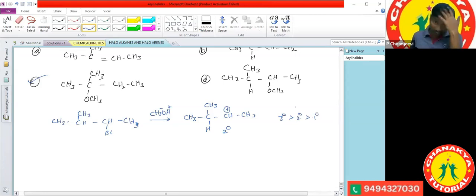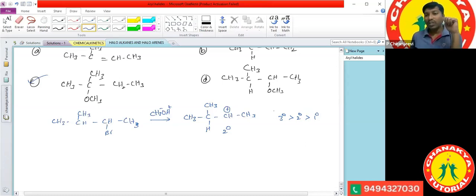Okay. So we discussed some reactions in the preparation of haloalkanes. Which rule? Markovnikov rule. According to the Markovnikov rule, the negative ion attaches to the carbon which has fewer hydrogen atoms in the alkene. But there we took the alkene as the reactant.